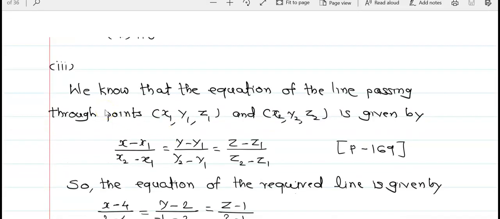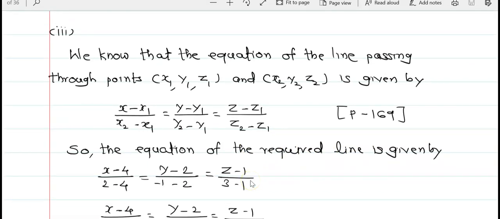We know that the equation of the line passing through the points x1, y1, z1 and x2, y2, z2 is given by the formula (x minus x1) upon (x2 minus x1), (y minus y1) upon (y2 minus y1) is equal to (z minus z1) upon (z2 minus z1), which is on page number 169.